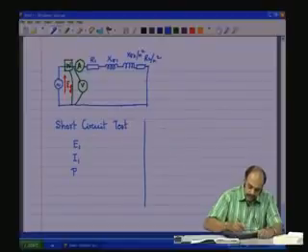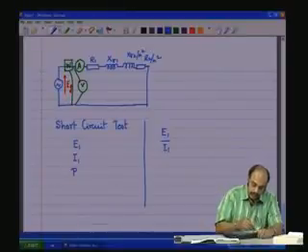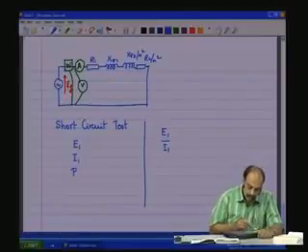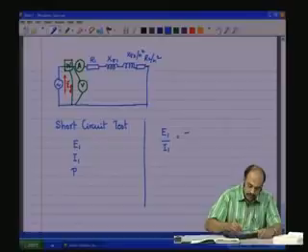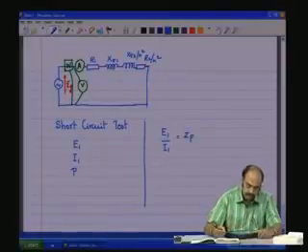Now, E1 divided by I1, the voltage across the primary divided by the short circuit current, will give you ZP. So, ZP is obtained.